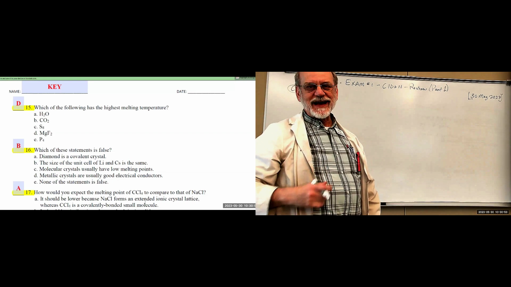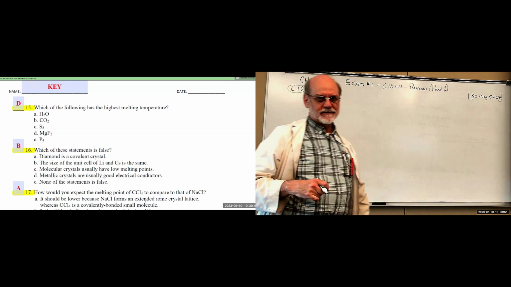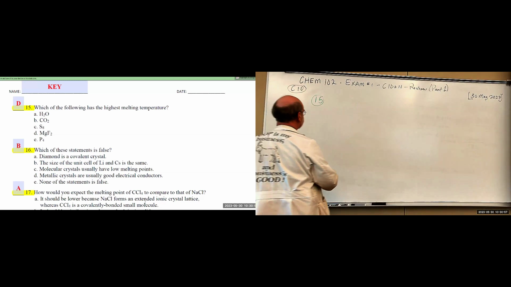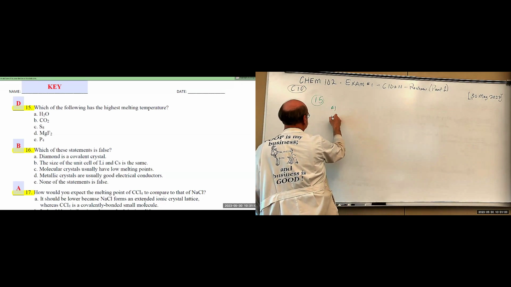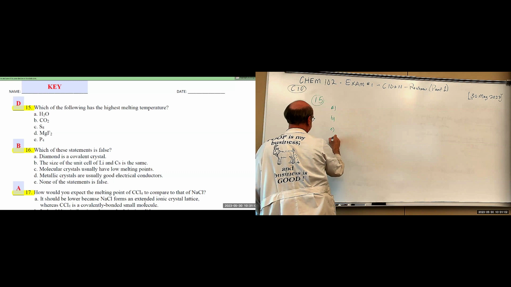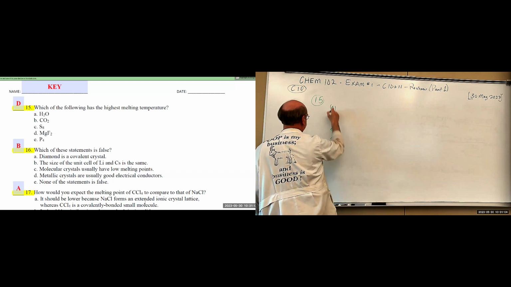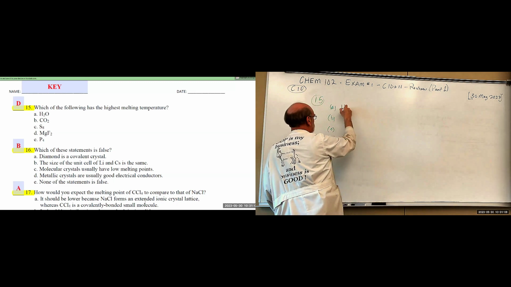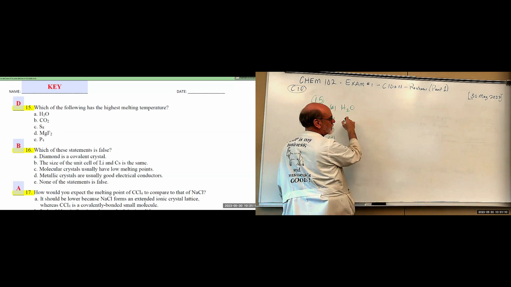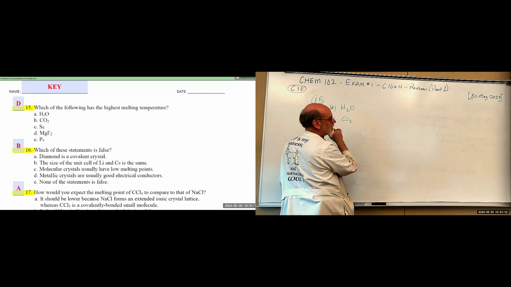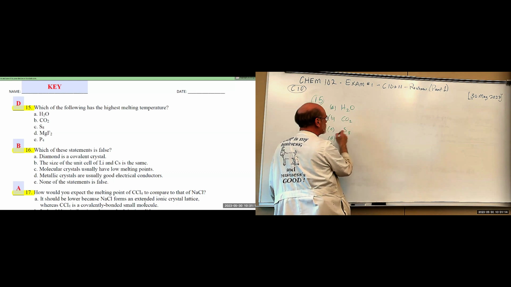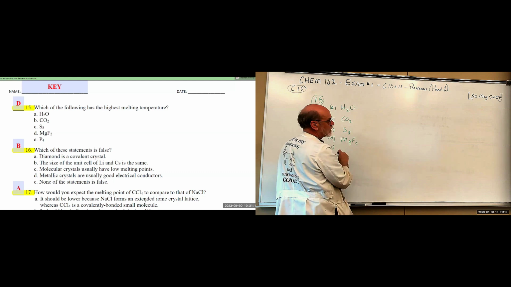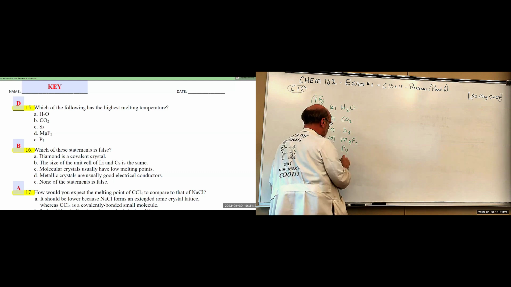Which of the following has the highest melting temperature? Well, let's see. We have water, carbon dioxide, S8, MgF2, and P4.